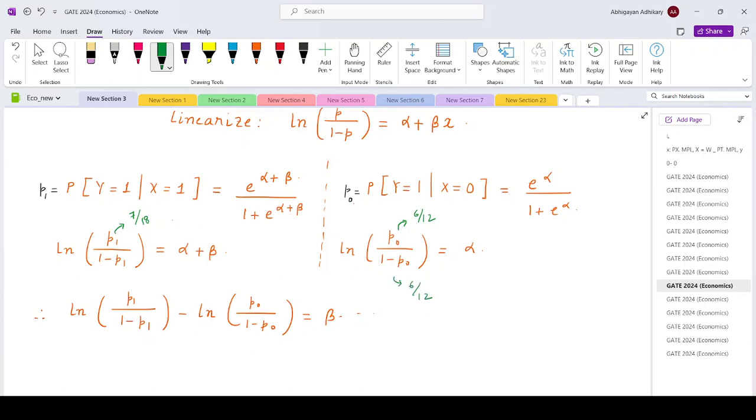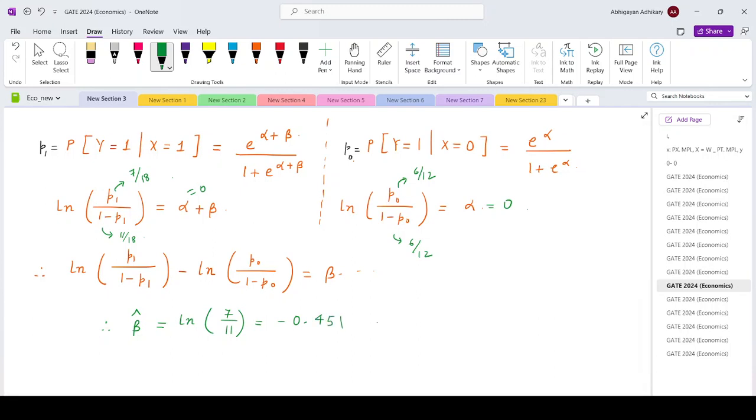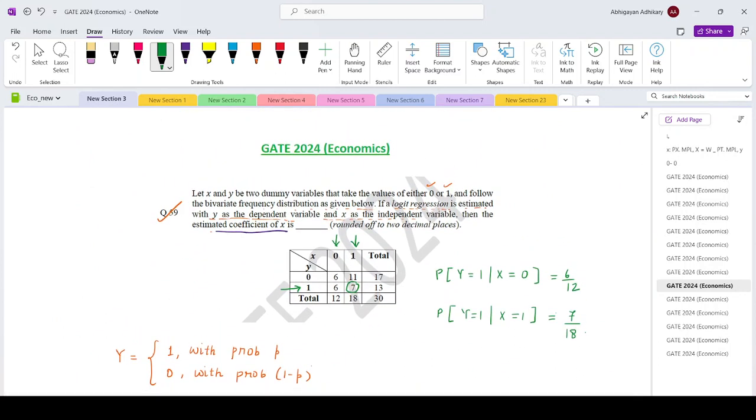So if the numerator for p0 is 6 by 12, the denominator is also 6 by 12, so that will become log of 1, so alpha becomes 0. And in the first case, if p1 is 7 by 18, the denominator is 11 by 18, and alpha is already 0, so that means beta hat, the estimate of beta, would be log of 7 by 11, which is minus 0.451.